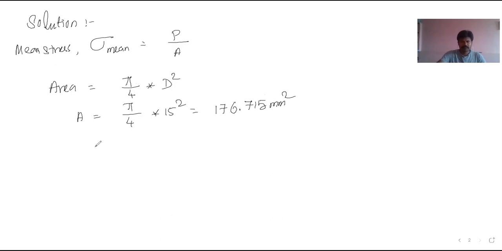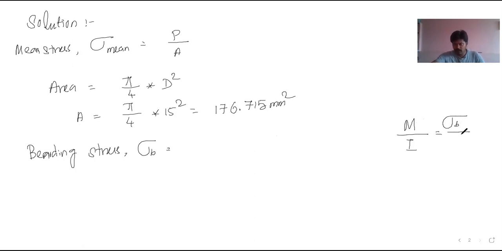Next, the bending stress. Sigma B is equal to. We all know one relation: M by I is equal to sigma B by Y. Therefore, sigma B is equal to M by I into Y. Here Y is equal to D by 2.